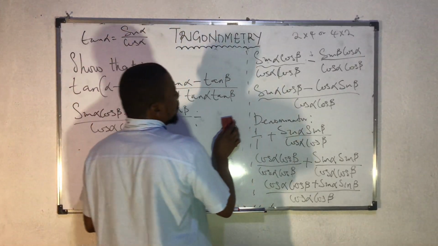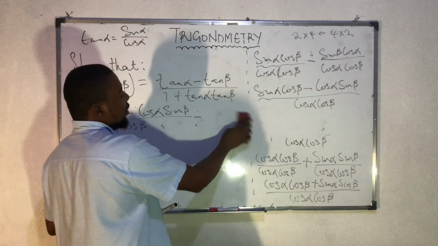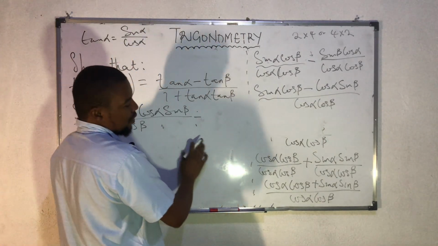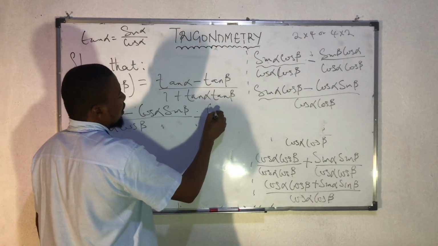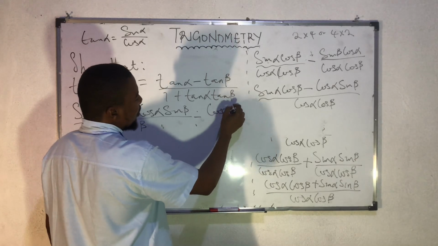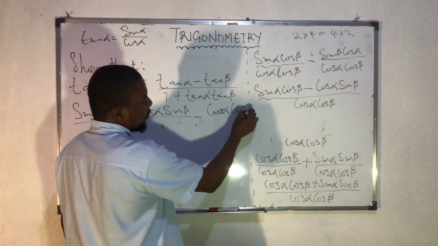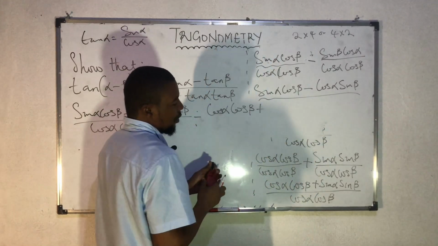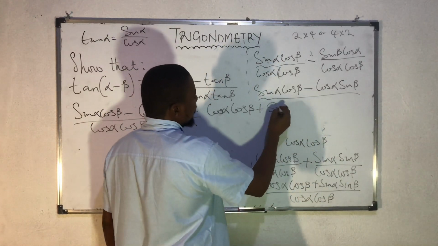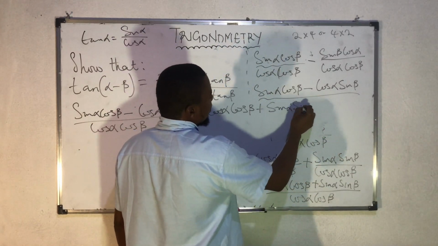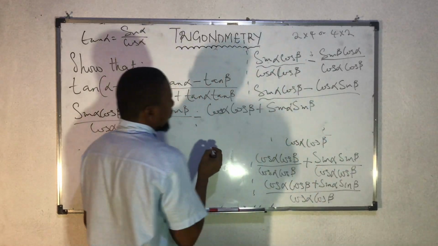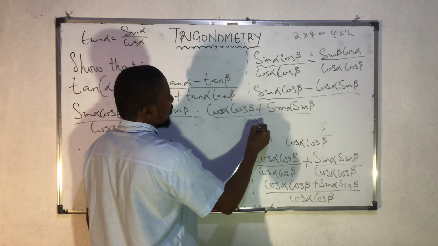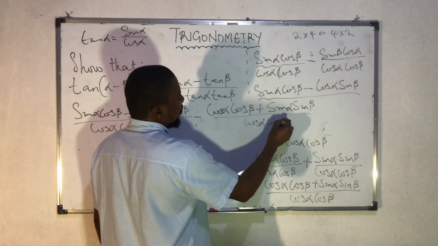Now we're going to write our denominator here. Since they're dividing, this is our denominator. We shall now obtain cos alpha cos beta plus sine alpha sine beta over cos alpha cos beta.